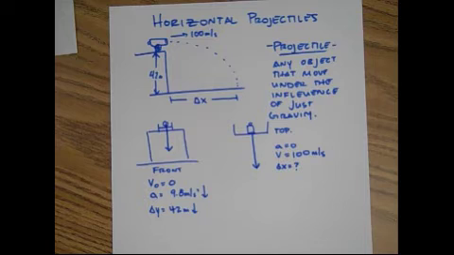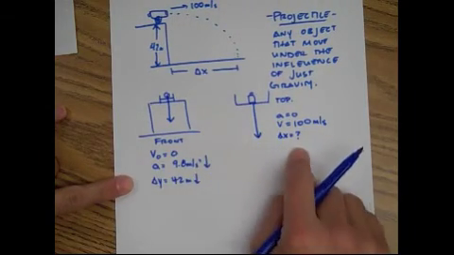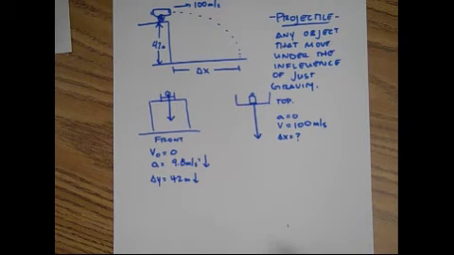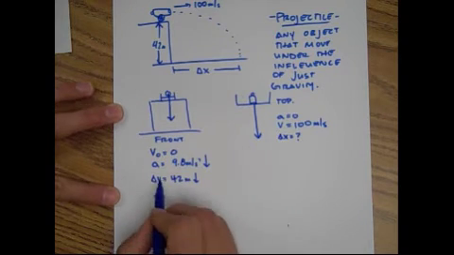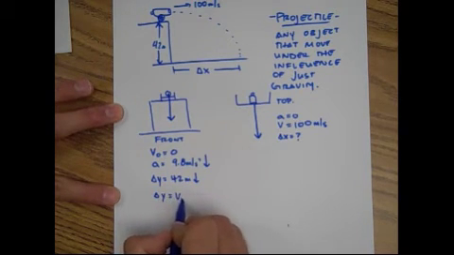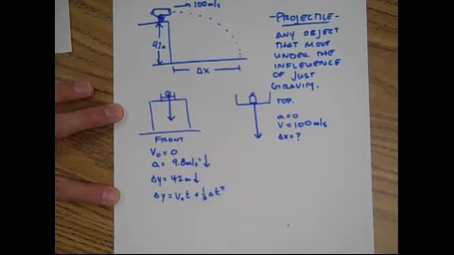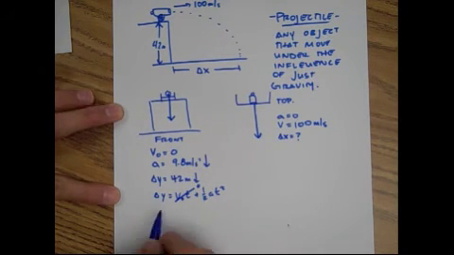So what we're going to do is find the time somewhere. And what's nice is we can do that in the y direction because we know that the time in the y and the x is going to be the same. These two things are happening at once. So in the y direction, if we use our third kinematic equation, delta y equals v0t plus 1/2 at squared, that goes away because our initial velocity is 0.